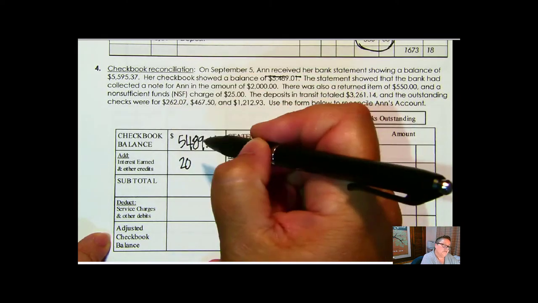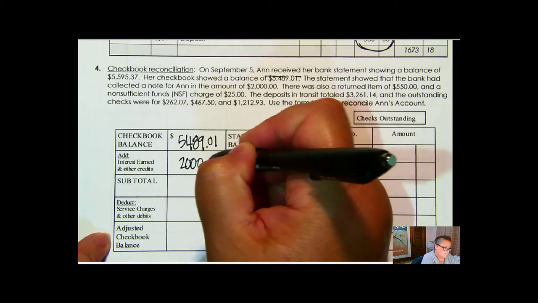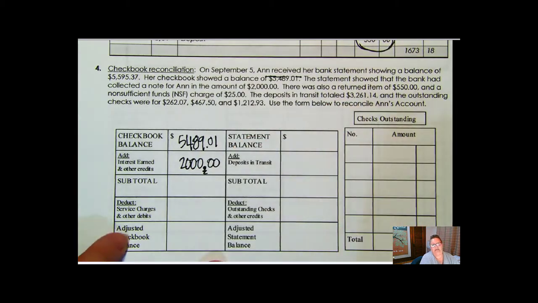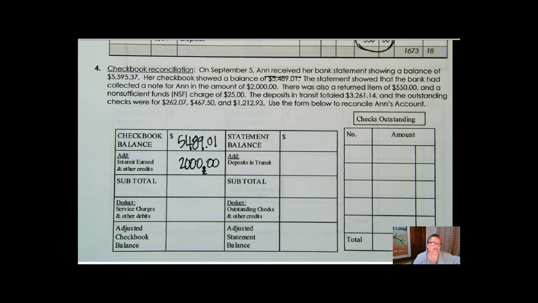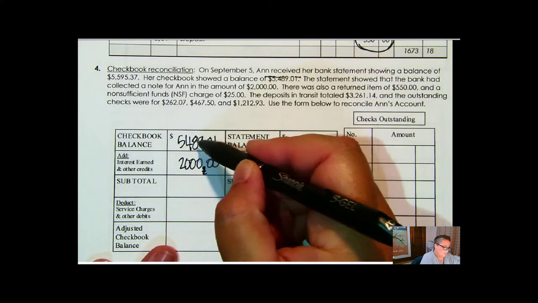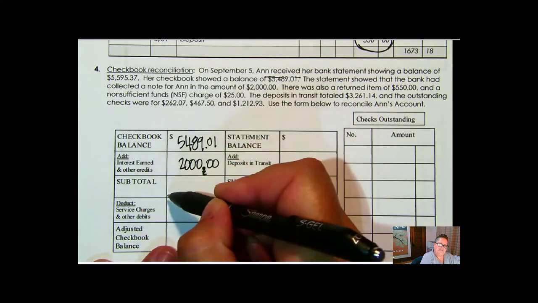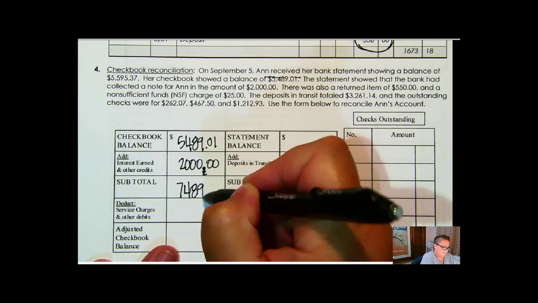How could the bank know about $2,000 that you did not? Well, maybe that $2,000 is a CD that came due. Maybe it's your tax return. This would be money that the bank is putting into your account for you. And maybe you just haven't been notified yet. So with those two, I now need my subtotal of $7,489.01.